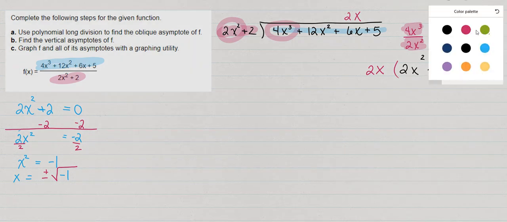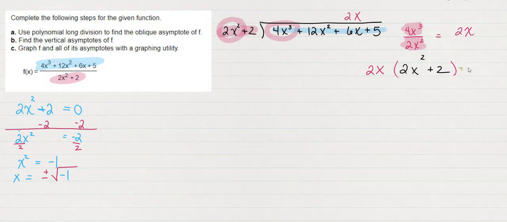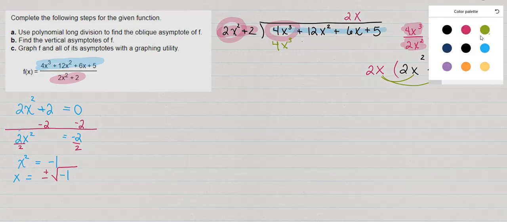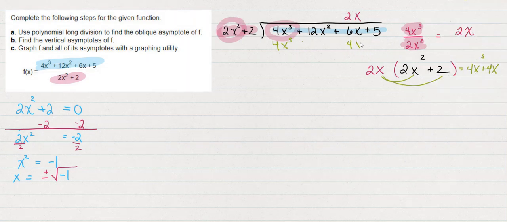When I distribute the 2x, I get 4x cubed plus 4x. 2x times 2x squared is 4x cubed. 2x times 2 is 4x. And I'm going to write that product here, 4x cubed plus 4x, except I've got to be mindful to write the 4x under the linear term, so under the 6x.